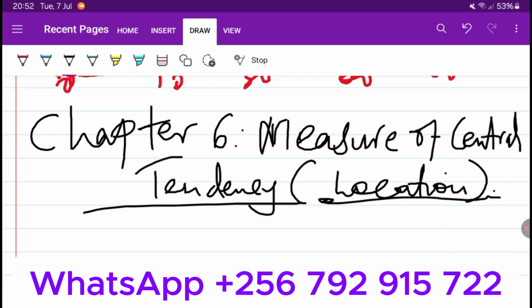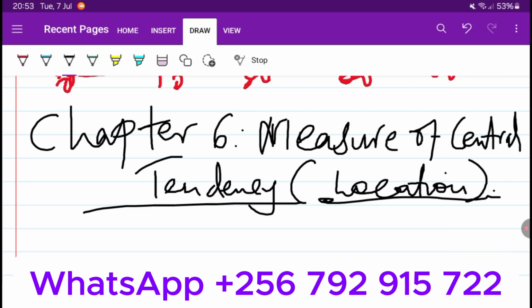We want to understand what this basically means, and of course, as per the study objective, by the end of this chapter you should be able to calculate the measures of central tendency such as mean, median, mode, and use those different techniques and formulas to interpret the results.